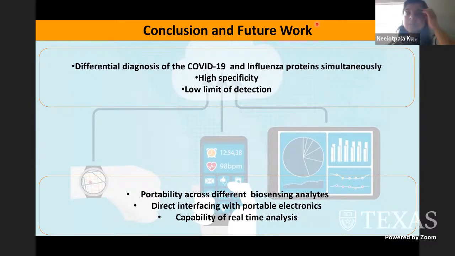So for the final device, what we are thinking is a plug and play device. We have this device and we'll have a reader. If we are able to get good Bluetooth capability, or if we have an extension to the mobile phone, we can just attach it to the phone, and whatever reading you're getting, you can get the data analysis in real time and see immediately whether the person has COVID or flu.